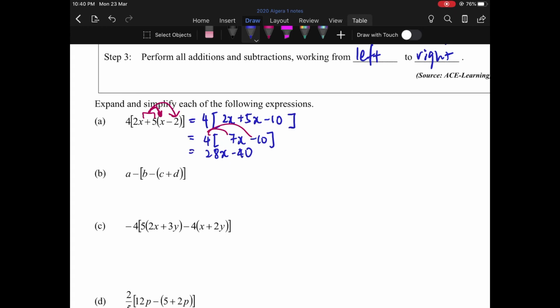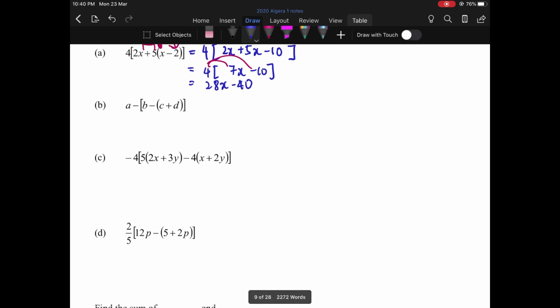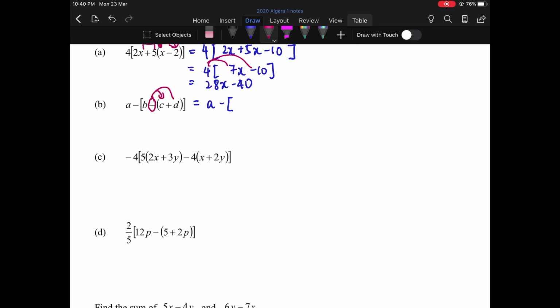Okay, so for part B, we have to simplify the innermost bracket first. So we need to distribute this minus sign, only this minus sign, into the terms in the bracket. Okay, so we get b minus c minus d.